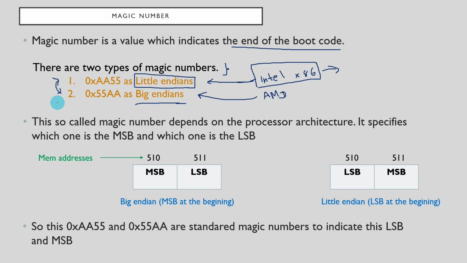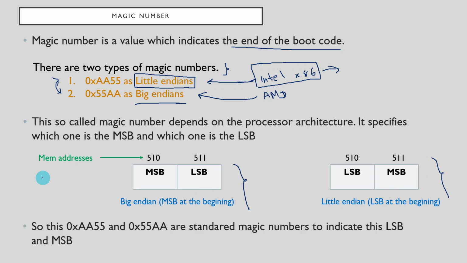This so-called magic number depends on the processor architecture, as I said before. It specifies which one is the MSB, most significant byte, and which one is the LSB, least significant byte.